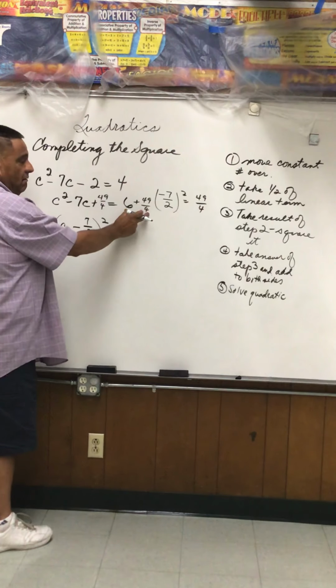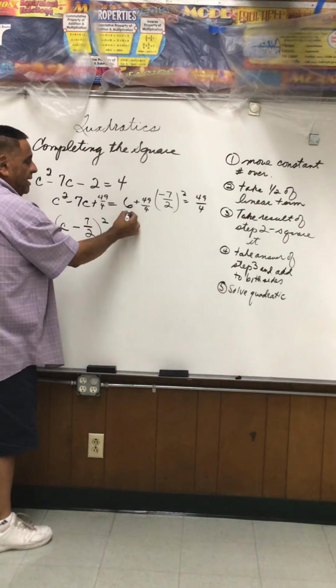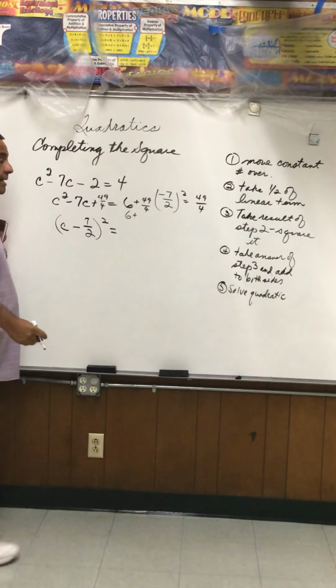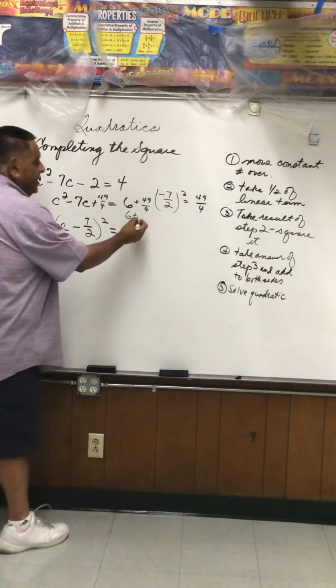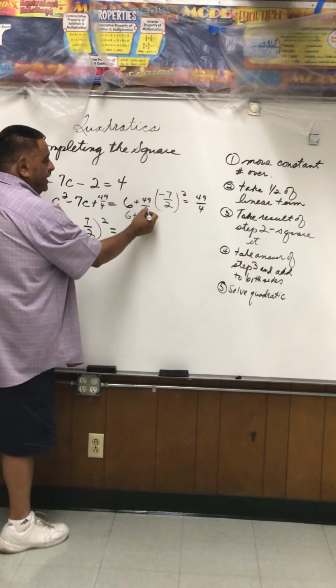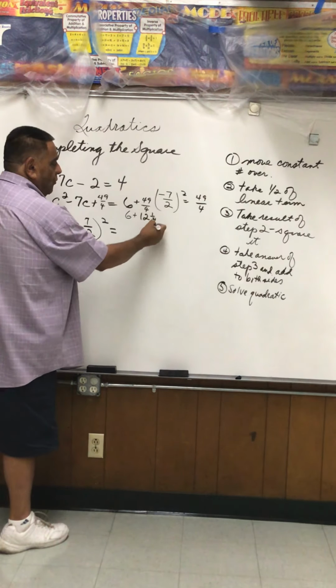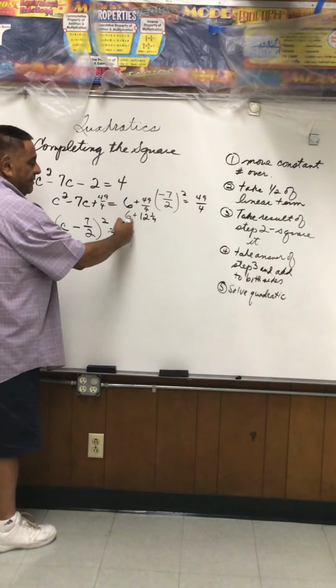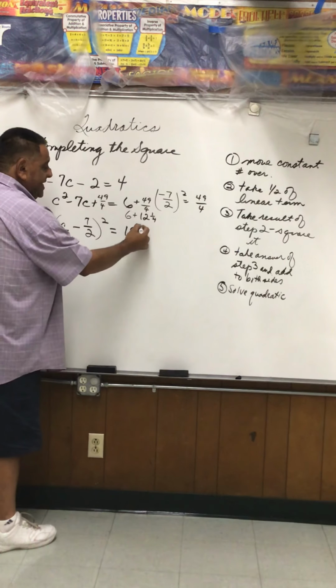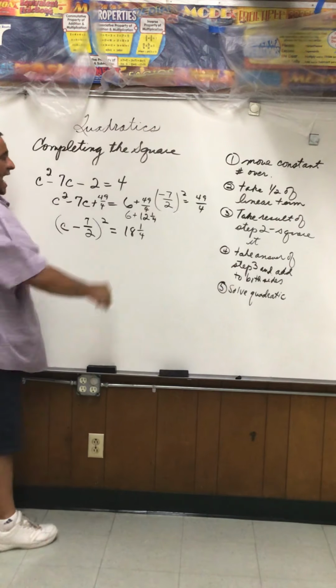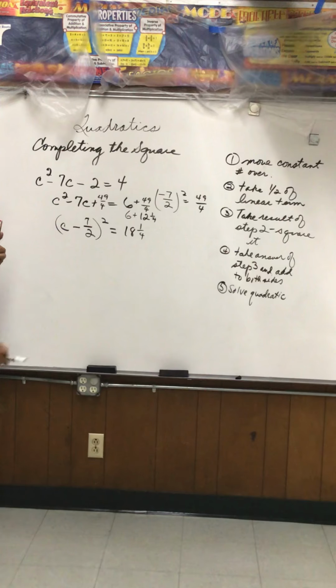So be careful here. If you want to change this to a mixed fraction, then you're going to get 12 and 1/4. So now if I add them, I'm going to get 18 and 1/4. Now, I don't quite want that.